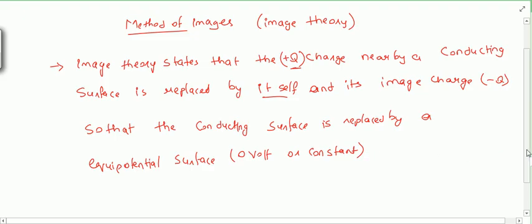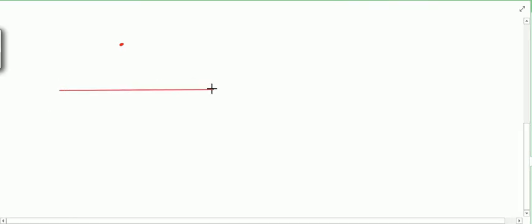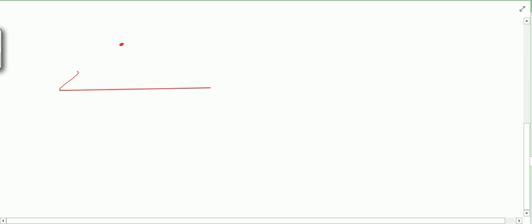So what it actually means, if you try to understand, is suppose a charge is placed here, and here an infinite conducting plane is placed. If I make this figure in three dimensions, then it will be something like this.